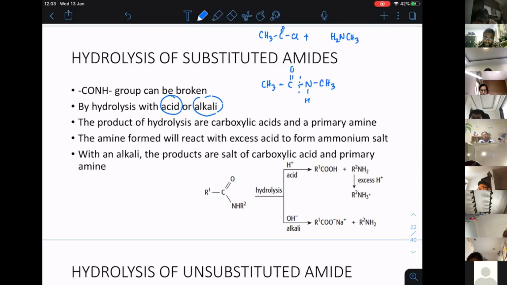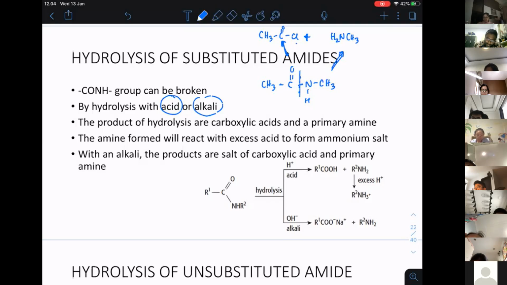So if I want to break this, normally I expect that I'm going to get this and this. Do remember, we do not use carboxylic acid and amine to get amides. This is how you produce it. But when you do hydrolysis, we cannot get this back. Why? Because the Cl and H already went away, released as fumes. So what do we get if I want to do hydrolysis?